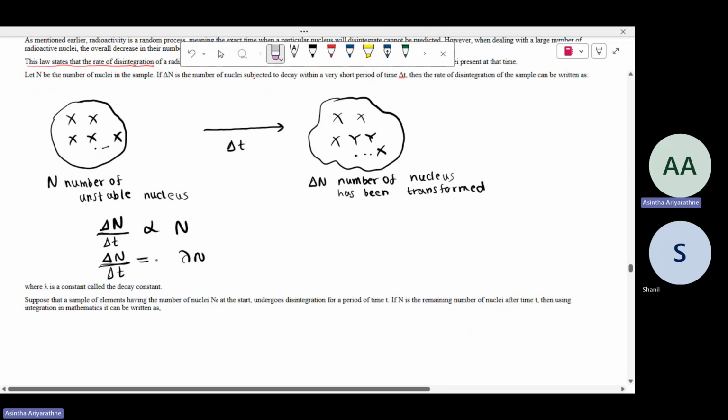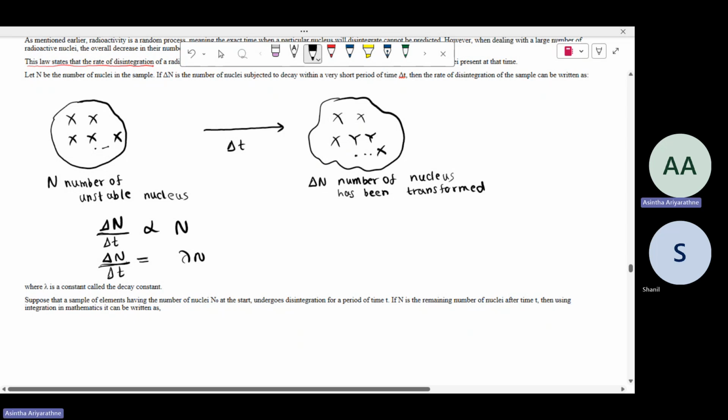Why? Because this n number, the number of unstable nuclei, always decreases. Let's say initially we have a sample with 10 unstable nuclei. After some time, out of that 10, maybe two or three would be transformed to stable nuclei, so the remainder would be 7 or 6.